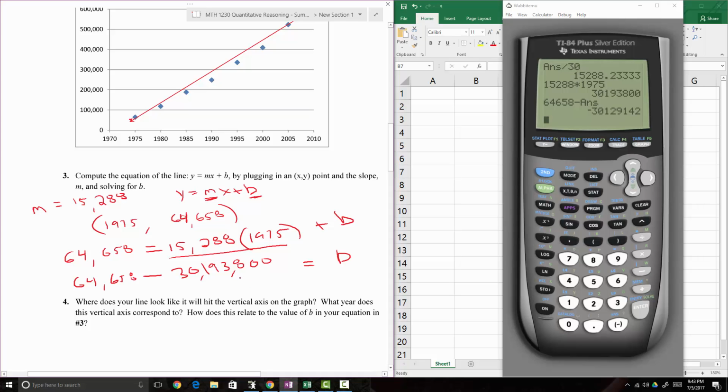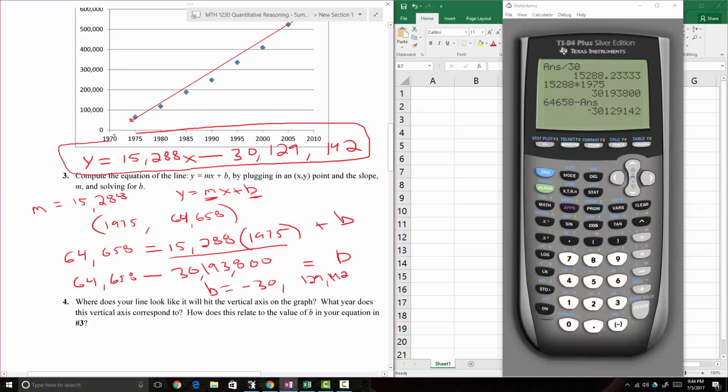After I subtract that off, we end up getting b equal to negative 30,129,142. In other words, my equation is y equals my slope 15,288 x minus my b value, 30,129,142. So this is the equation of this line.